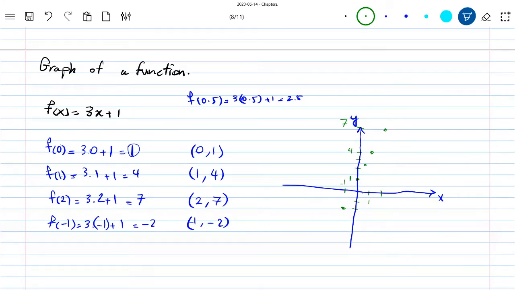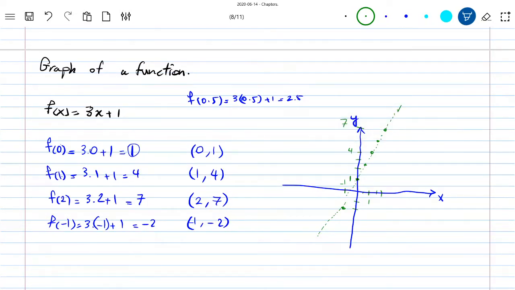If I pick one more point, maybe 1.5, I'll get somewhere here. You can see that you'll get all these points. If you pick more x values, you'll get more y values. What you will get at the end is this bunch of dots, and the more points you pick, the more accurate the graph becomes.